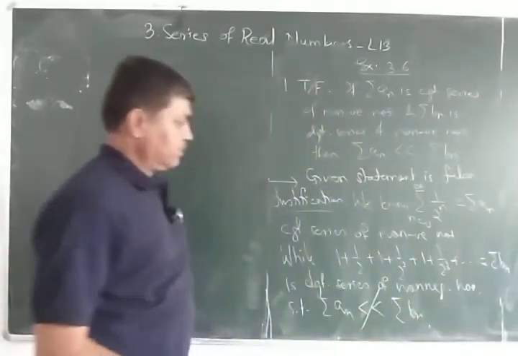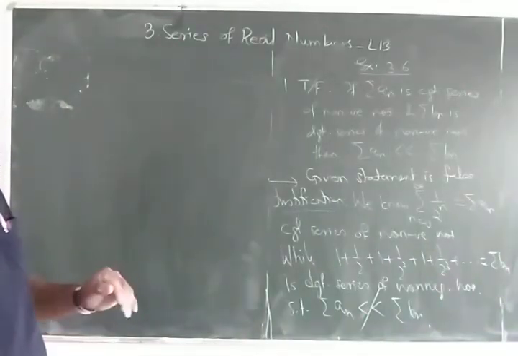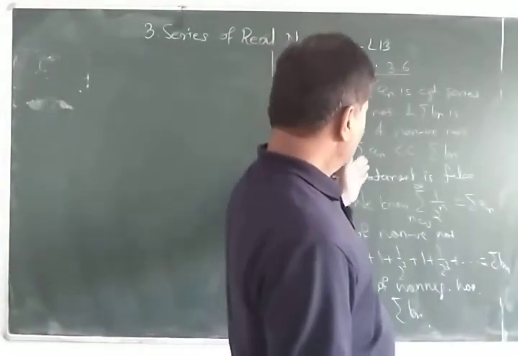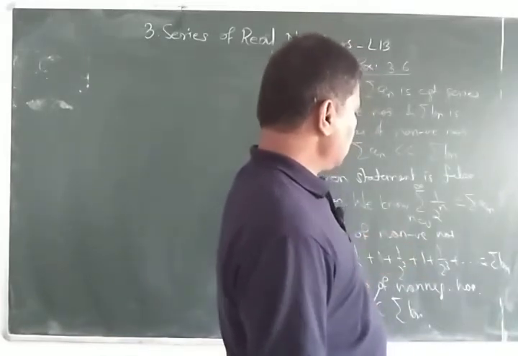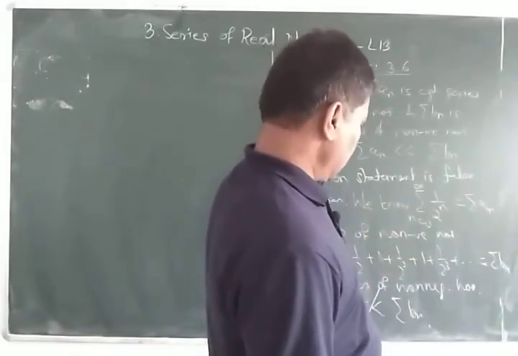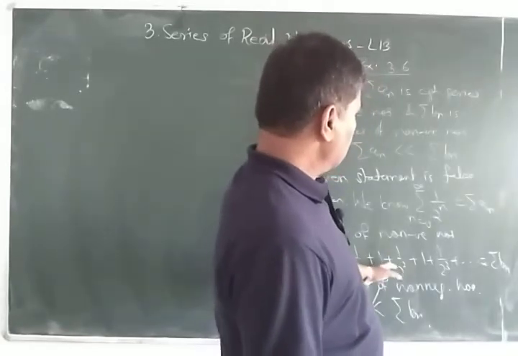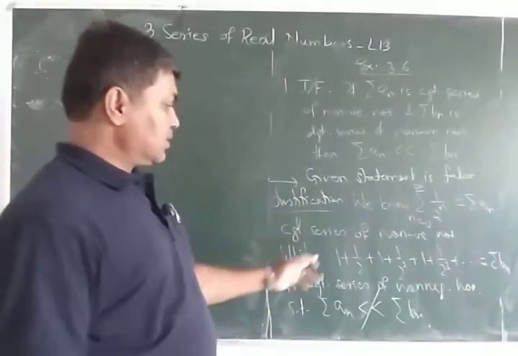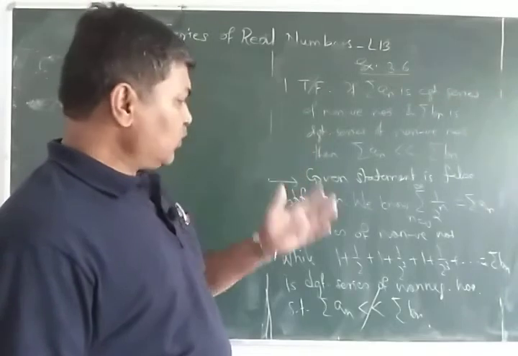You can observe, summation a_n is not dominated by summation b_n because after some n, all a_n's must be less than or equal to b_n's. Is it clear? For these terms, there is no such relation.